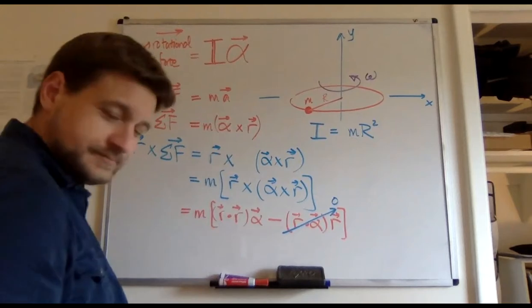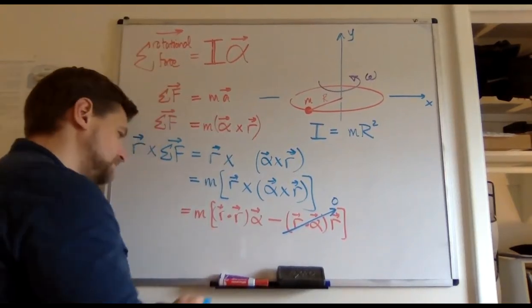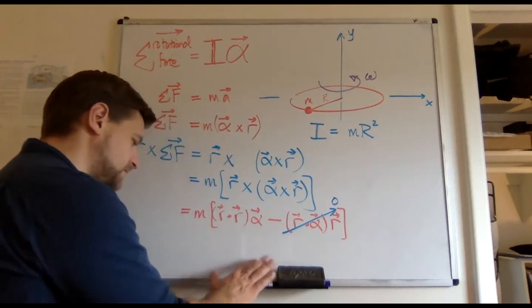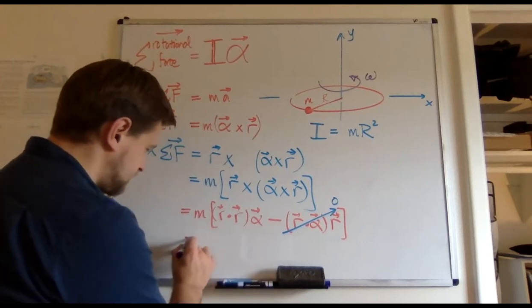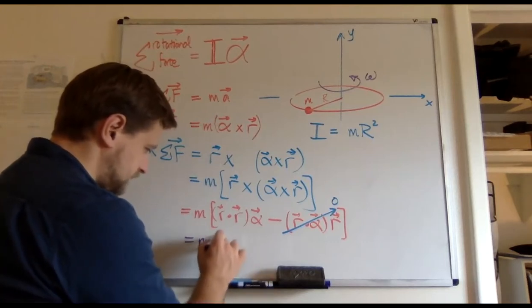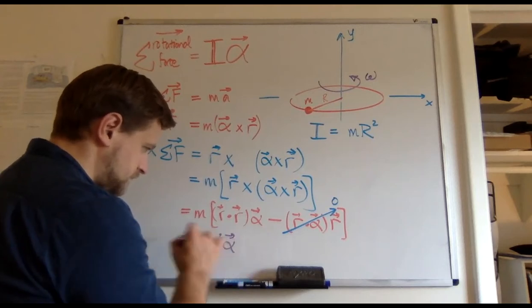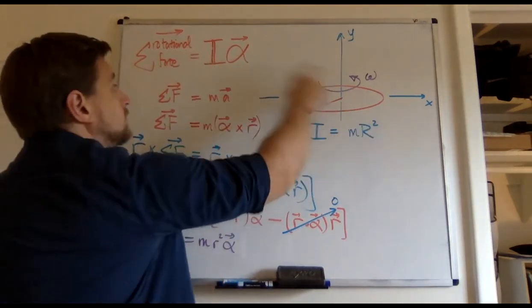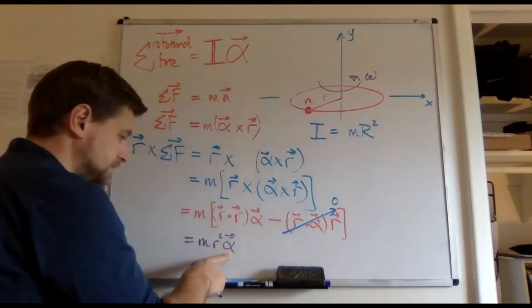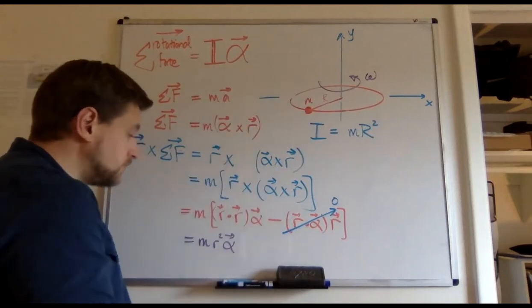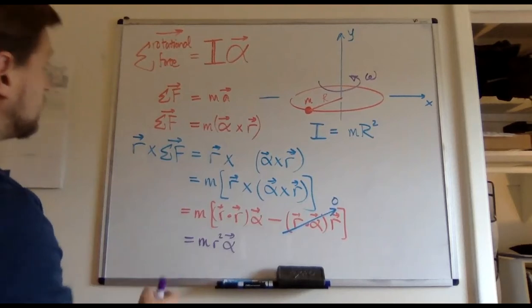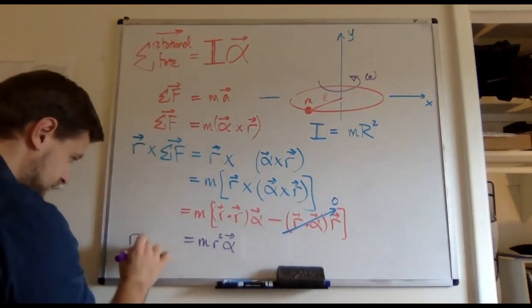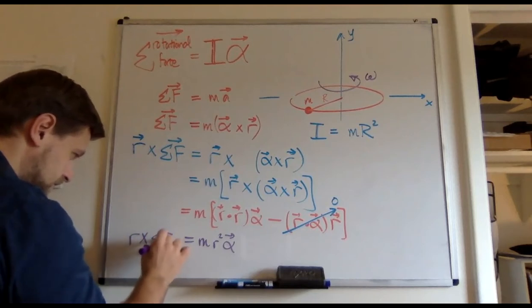R dot R, that's R squared. And that's what we wanted. MR squared alpha. Apparently, what we need for a definition of rotational force, R cross net force.